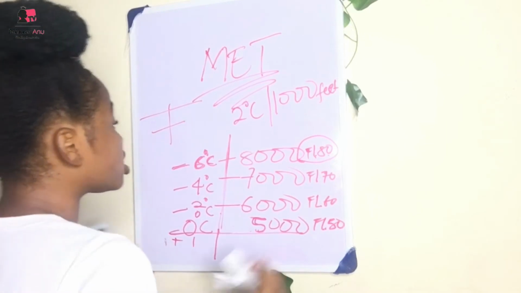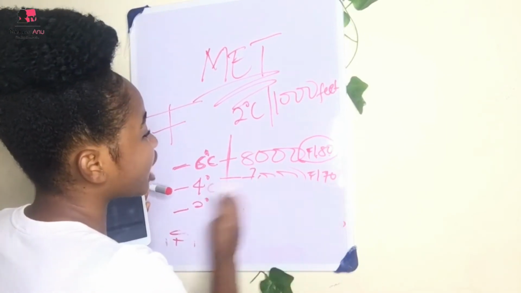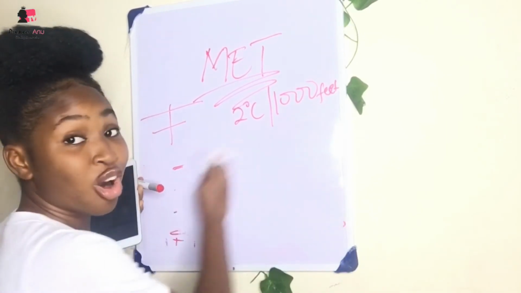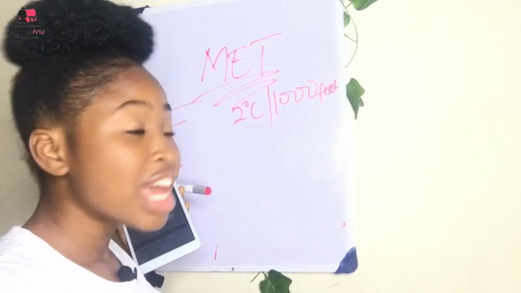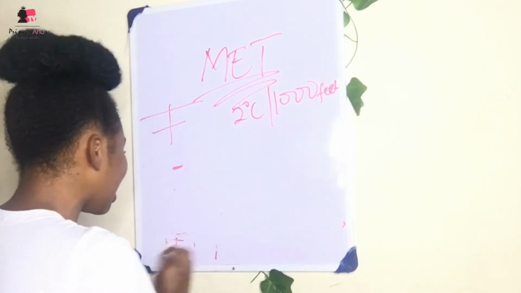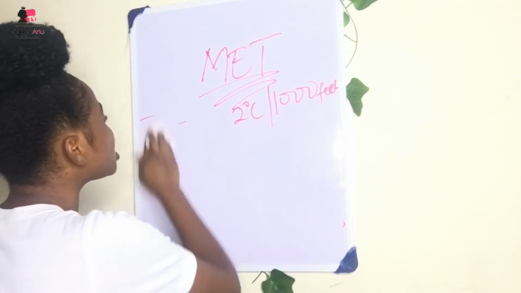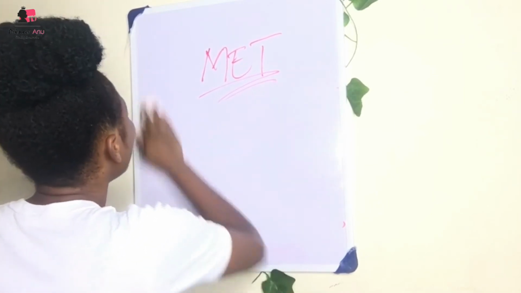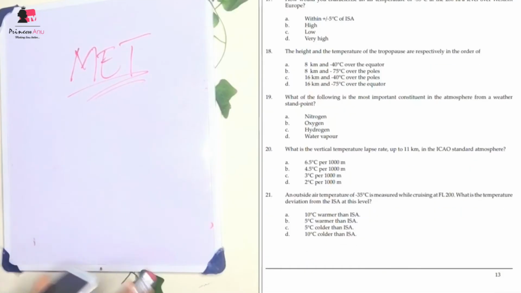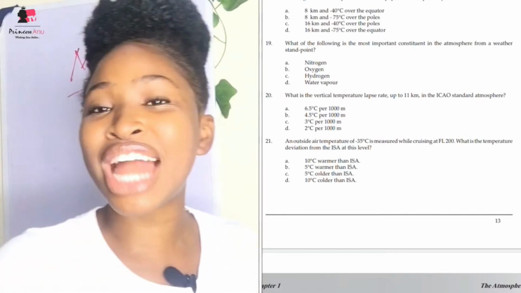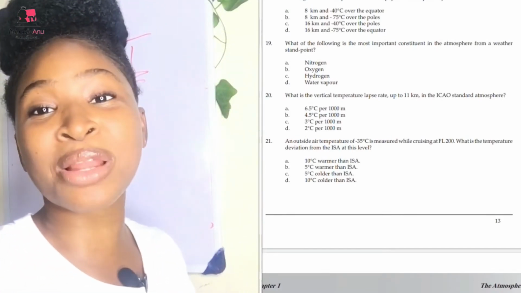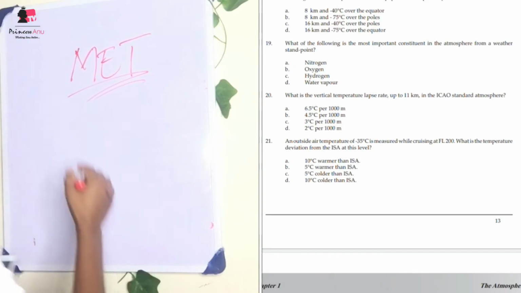Don't forget we talked about the fact that oxygen is like 21%. We talked about nitrogen being 78%. And now in this particular one, you are seeing nitrogen there, and I'm not going to lie to you. The first time I saw it, I was also tempted to actually pick nitrogen.